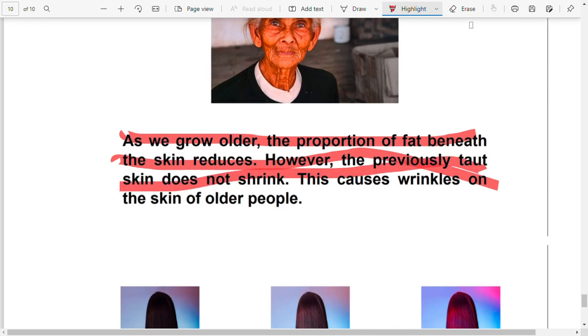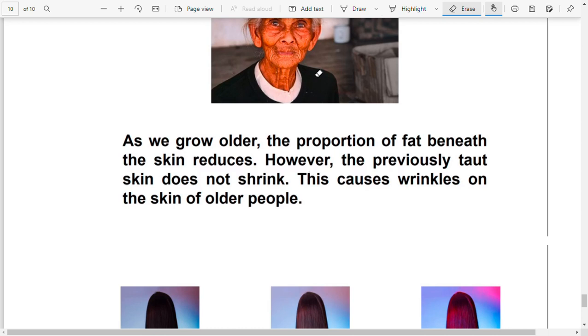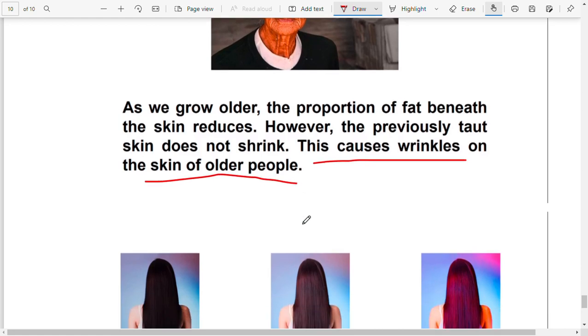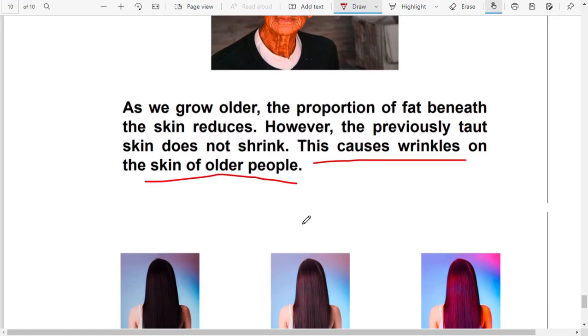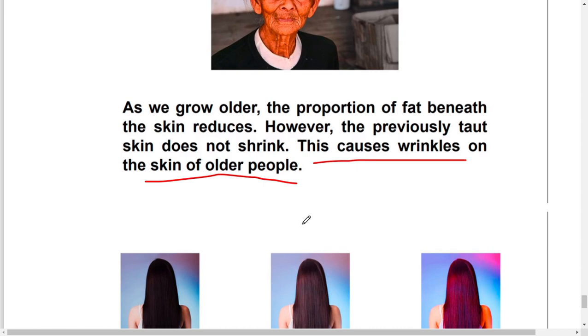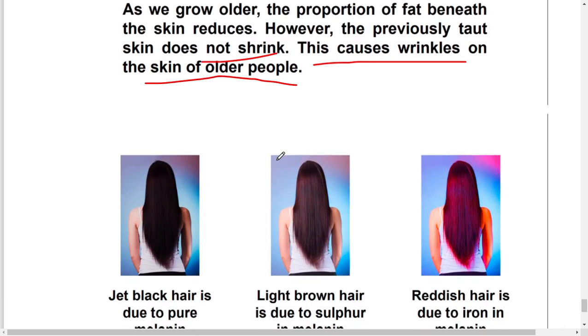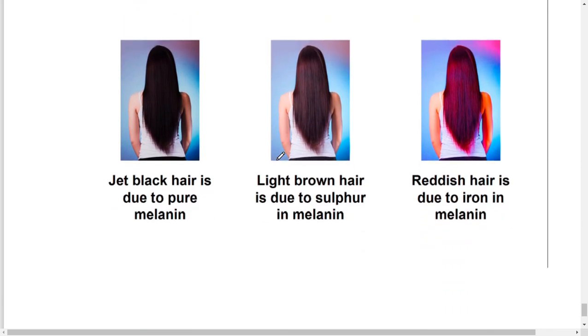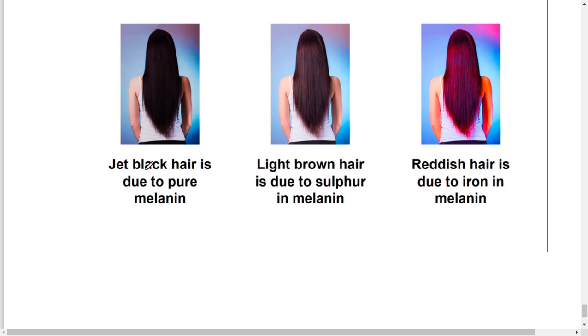So this causes wrinkles on our skin. We can see wrinkles on the skin of older people because the proportion of fat in their skin is not much. When we are young, it is very appropriate, but when you get older, it reduces.